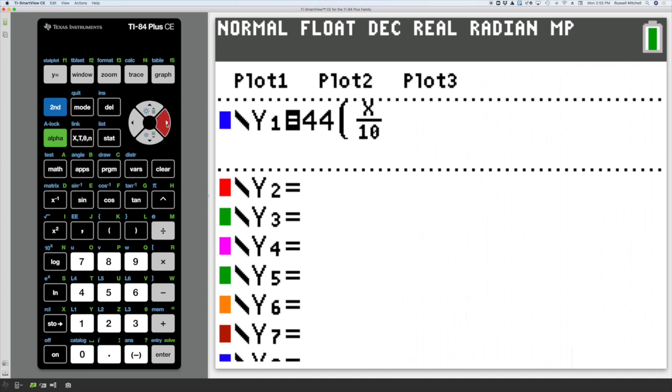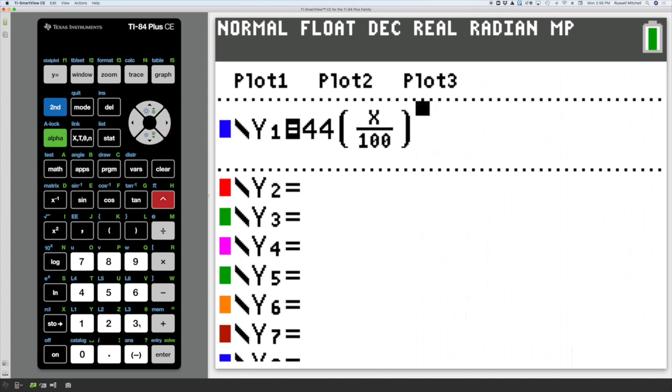Then come out of the denominator 100, and put a parenthesis, and then we want to cube this. Then come out of the exponent and open another parenthesis, then 1 minus another fraction bar. It's x over 300 instead of t over 300.